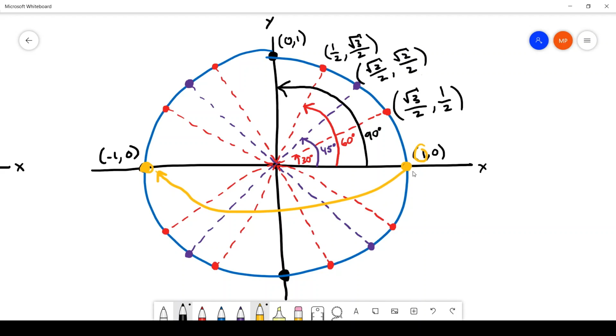That's all we're doing with a reflection across the y-axis over here. And so you can see we've already had this filled in. We go from 1, 0, a reflection across the y-axis, because this y-axis is our mirror that we're reflecting across. And then we have -1, 0. And we're just going to keep doing that.